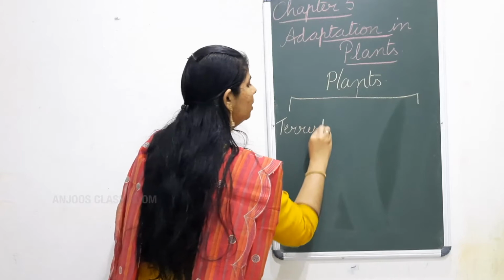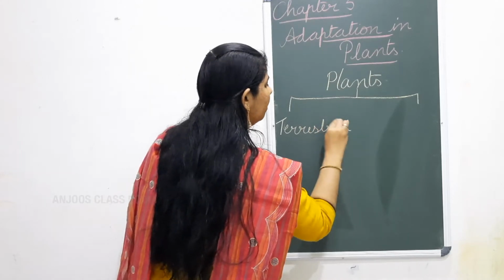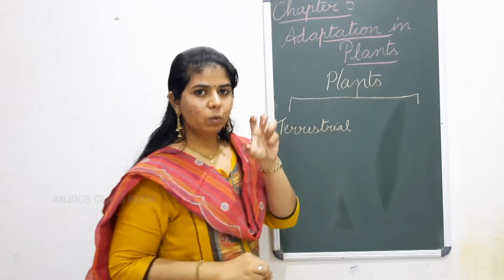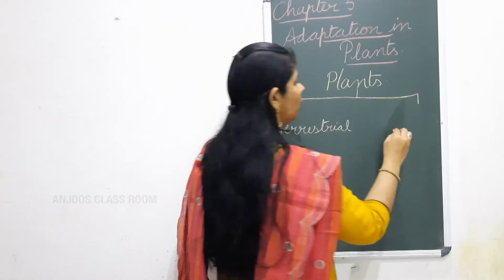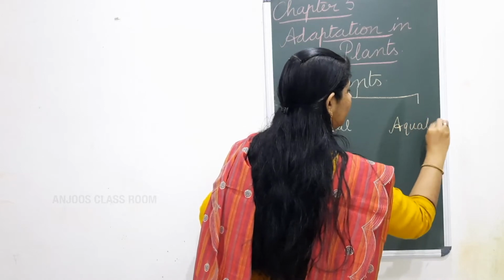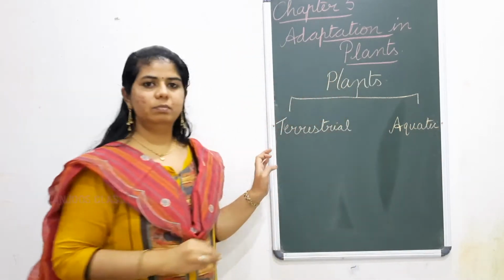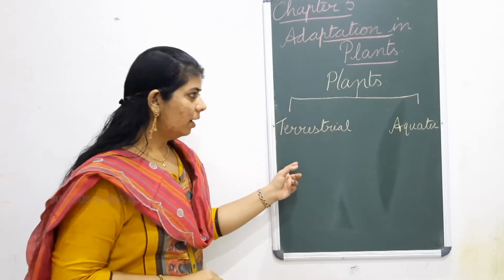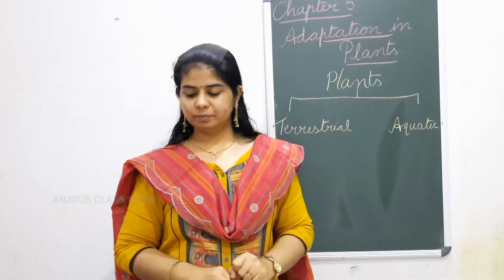Then the plants that grow in the water are called aquatic plants. Aqua means water. Understood? So, plants are divided into two, terrestrial and aquatic.